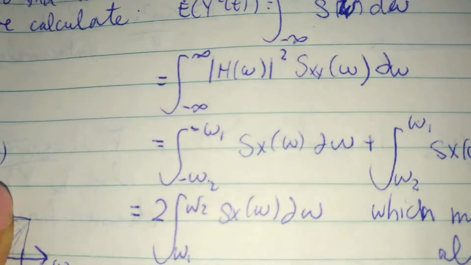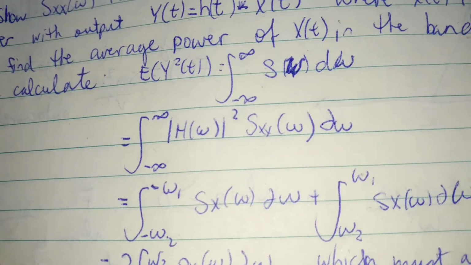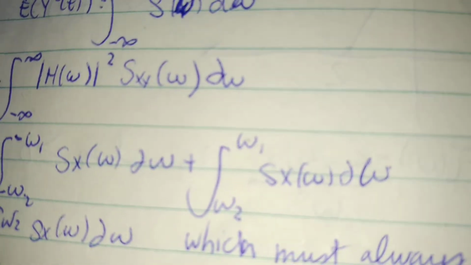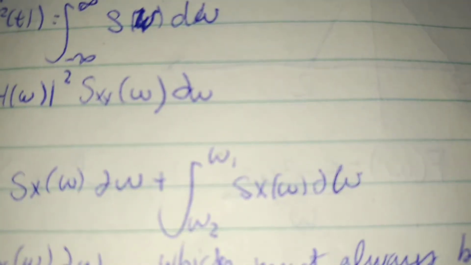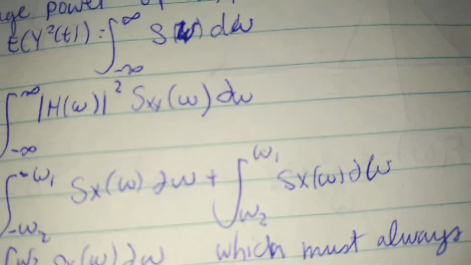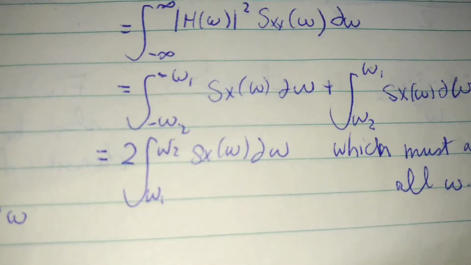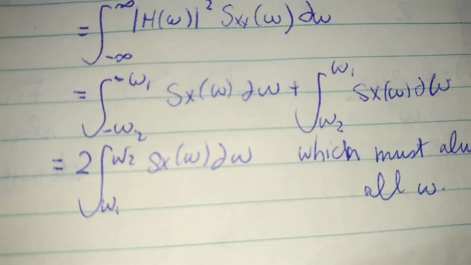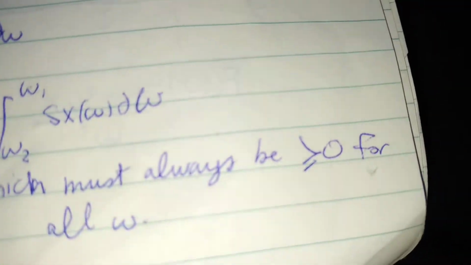And that's equal to the integral from negative omega 2 to negative omega 1 of the spectral density of x of omega d omega plus the integral from positive omega 1 to positive omega 2 of the spectral density of x of omega d omega. We can rewrite that as 2 times the integral from omega 1 to omega 2 of the spectral density of x of omega, which must always be equal to or greater than 0 for all omegas.